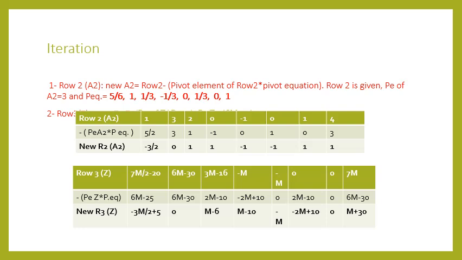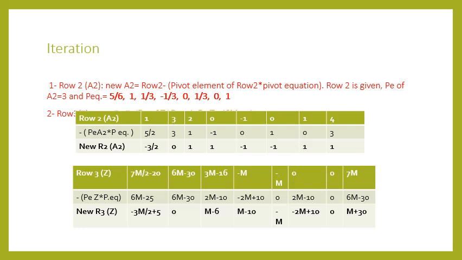Also, we are going to repeat the same procedure to find the new R3 or the new Z. The first row in this operation represents the original values or coefficients of the row of Z, and then the next row is the multiplication of the pivot element of Z by the pivot equation, and the result is given.